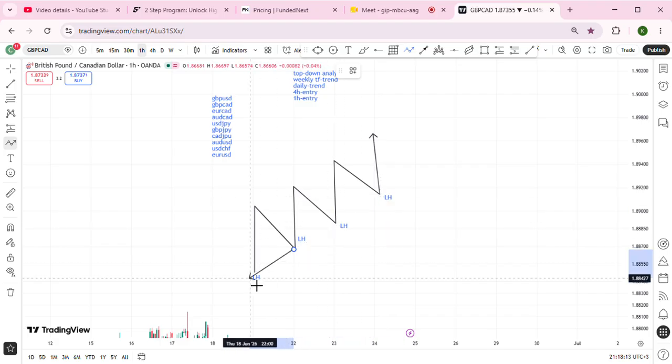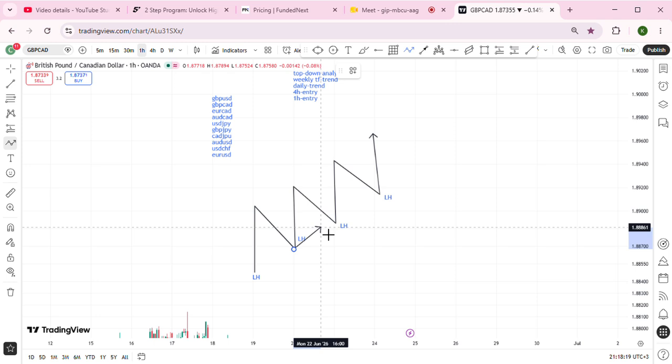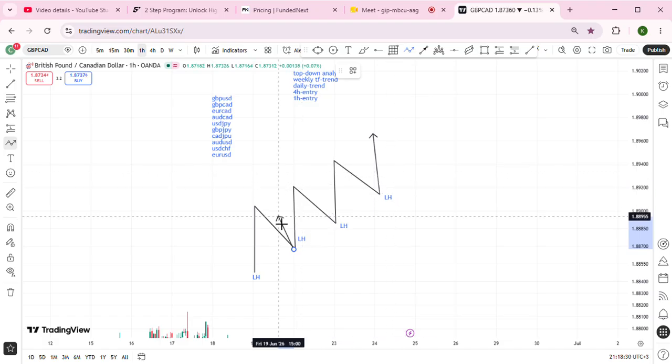Why are we calling it a high? Because we are going up. When we are going up, it's high. So we are going to be having higher lows. Sorry, it should be HL, higher lows. I made a mistake there. On the other side we are going to be having HH, that is higher high.